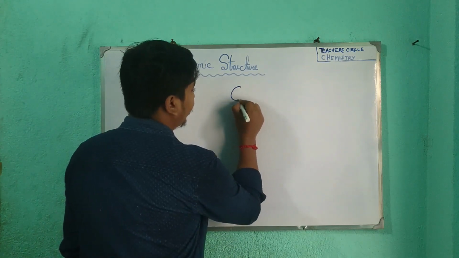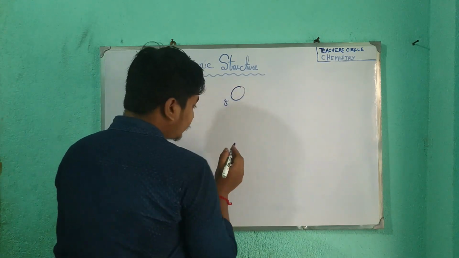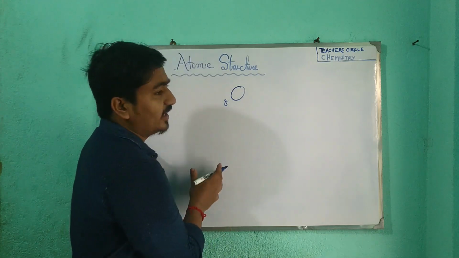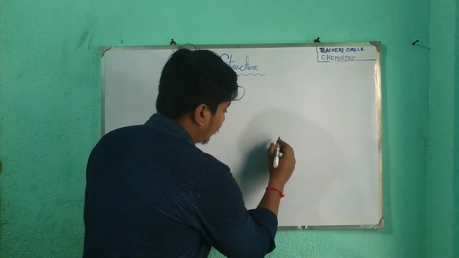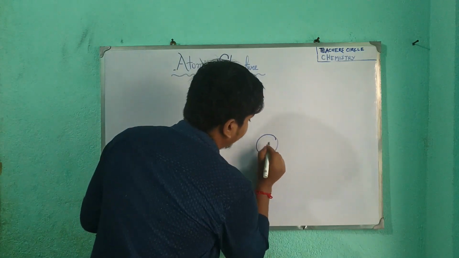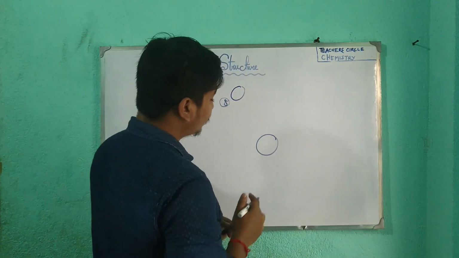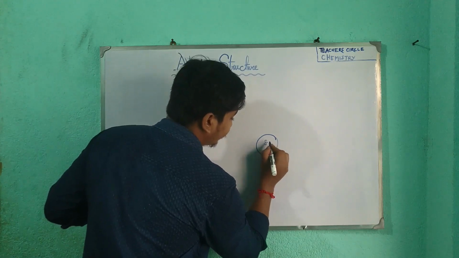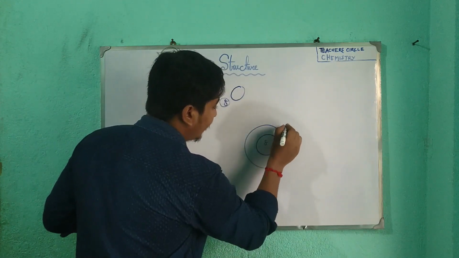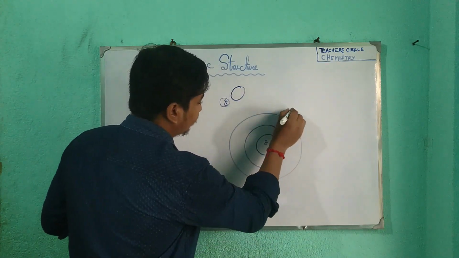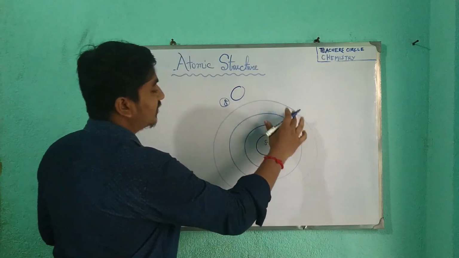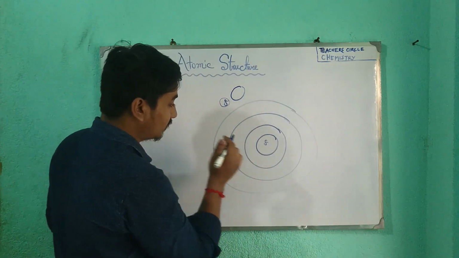Now let's take another example, that is oxygen. We know the atomic number of oxygen is 8. How will we show the electronic configuration of oxygen? Let's draw the cells. As the atomic number of oxygen is 8, the number of protons is 8. Now the electrons: these are the cells of electrons.